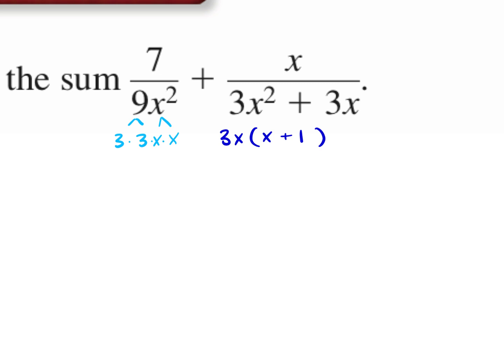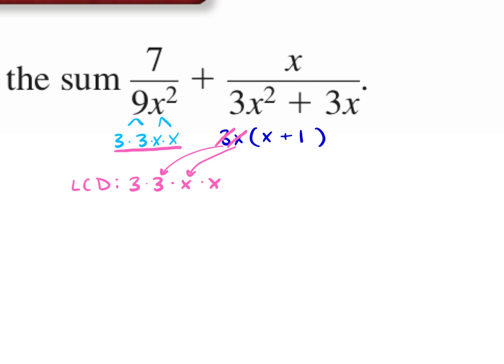All right, so for my least common denominator, it's the same thing as finding our least common multiple, it's just in the denominator now. We start by listing out all of our factors of the first one. So we have 3 times x times x. Now that 3 overlaps with one of the 3's, so I don't need to write it. And the x overlaps with one of the x's, so I don't need to write that one.